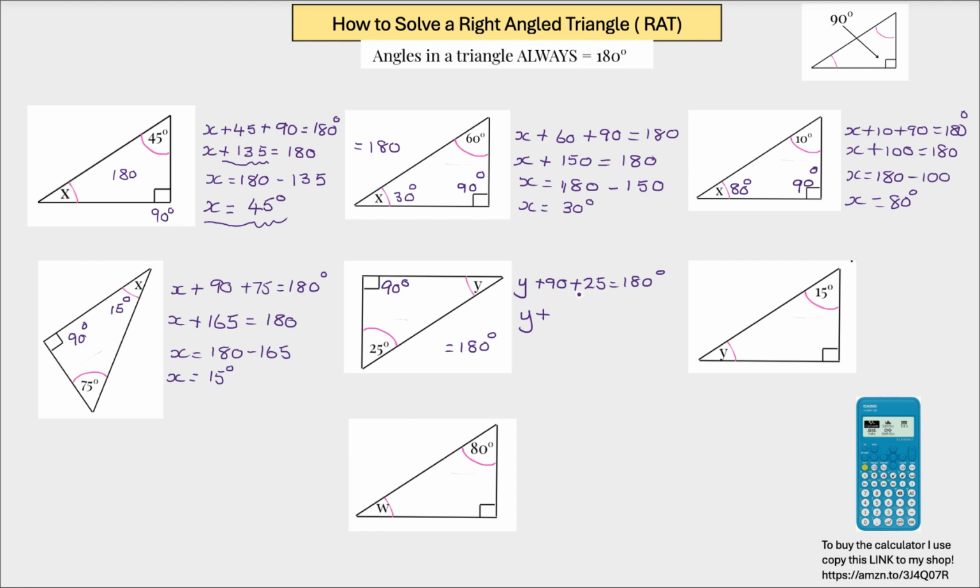So 90 plus 25 is 115, which equals 180. And then we're going to go y equals, that hasn't moved, and it's going all the way over, and we're changing our sign to a negative because we've gone over the equal sign, minus 115.